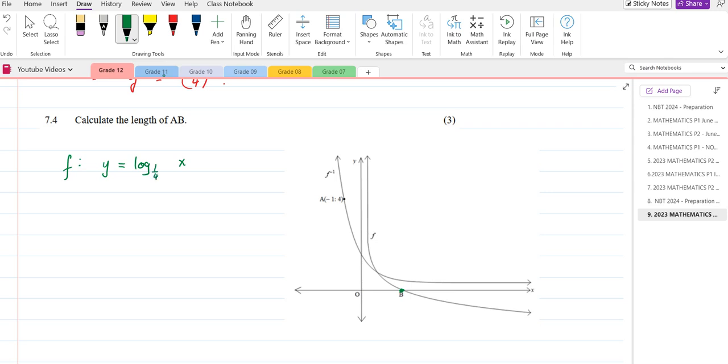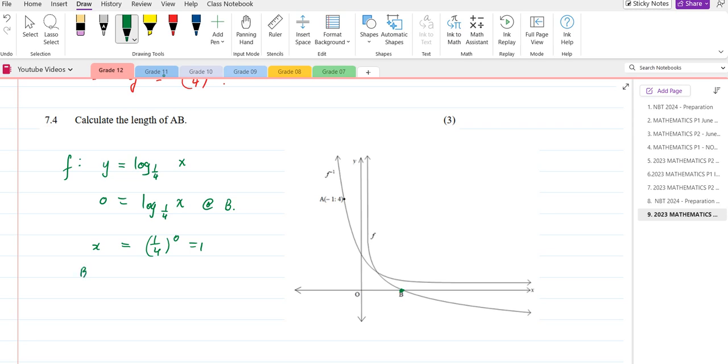Remember to make y 0. So 0 equals log x base quarter, right? At B. So we're solving for x. So we're going to say x is equal to quarter to the power 0, which is equal to 1.